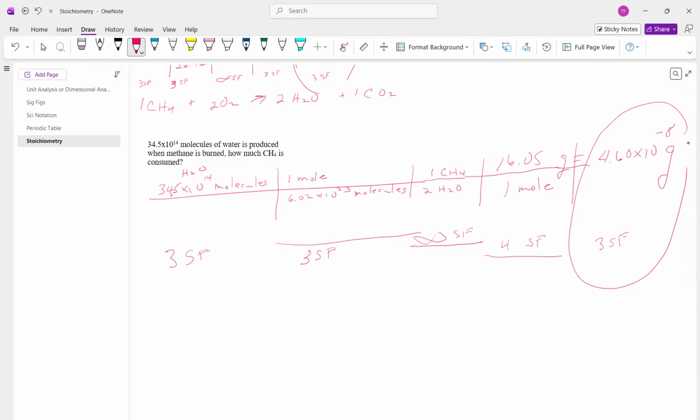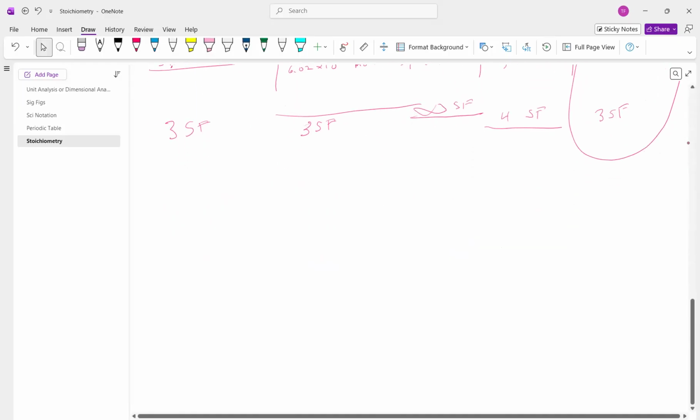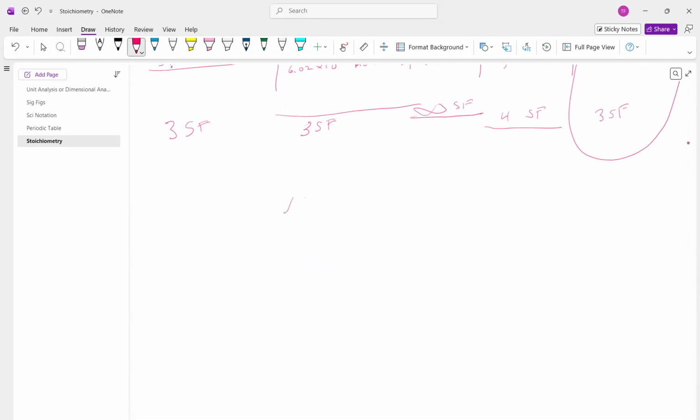Okay, so let me show you what that means. Going back to the bicycle example, I've got 10 frames, 10 wheels.